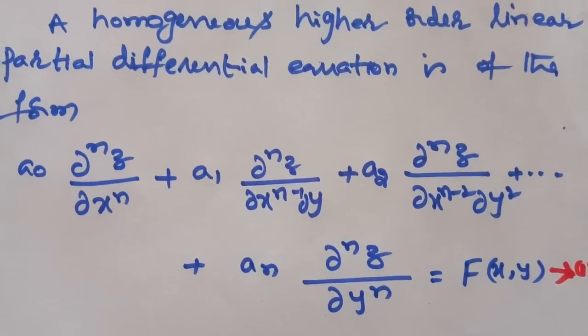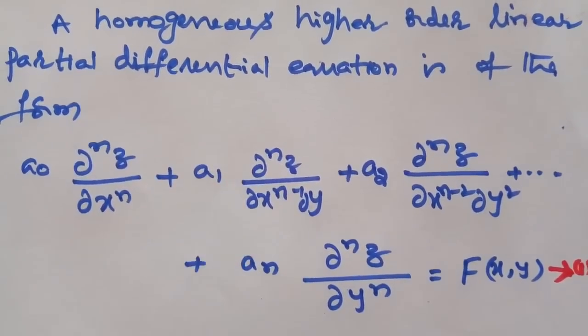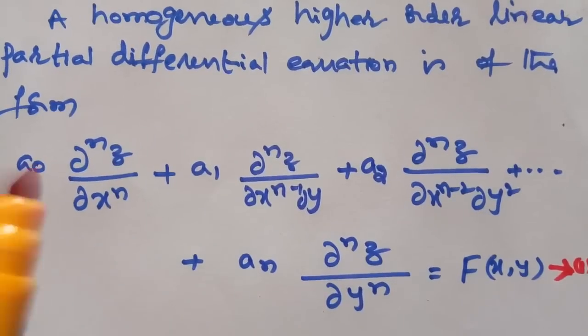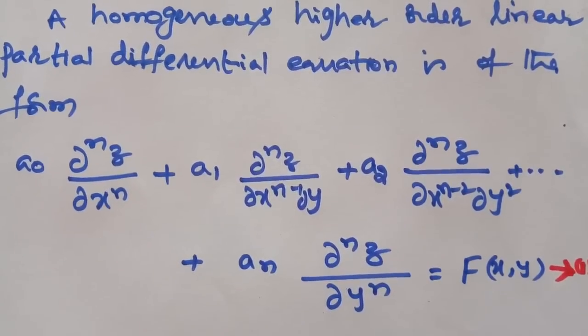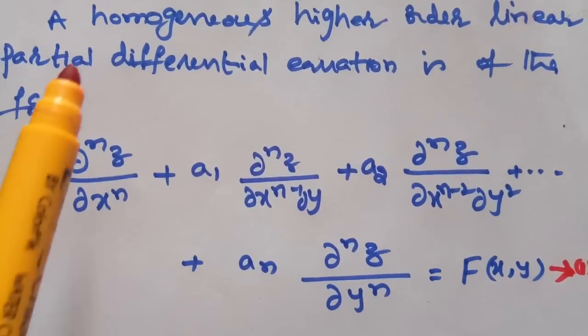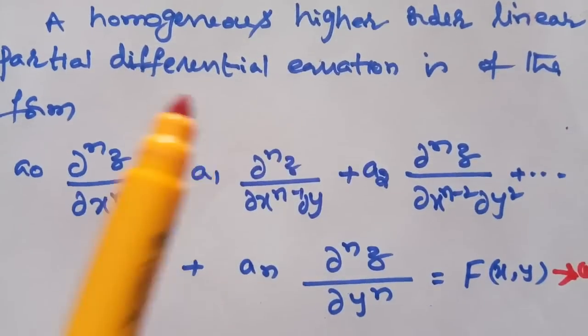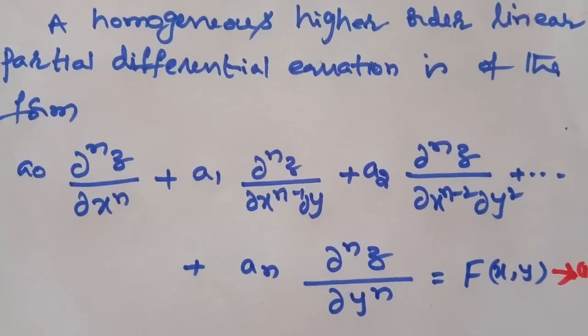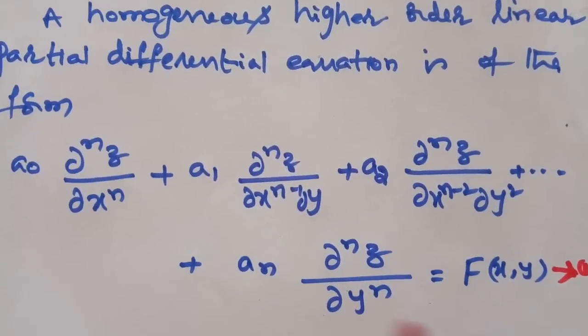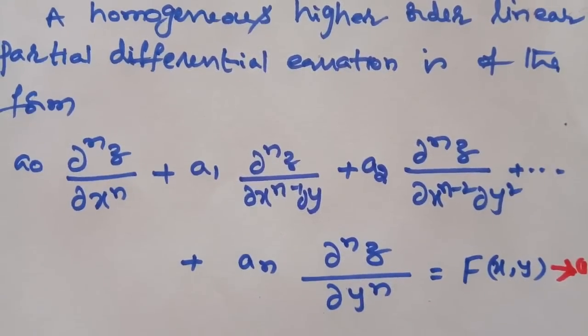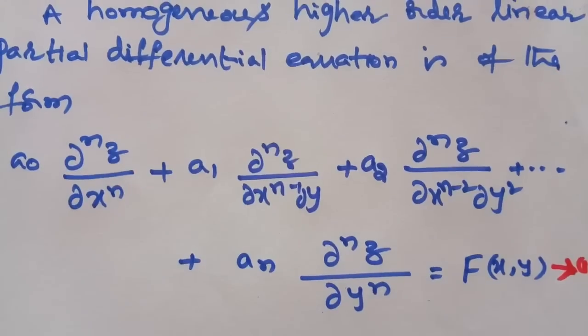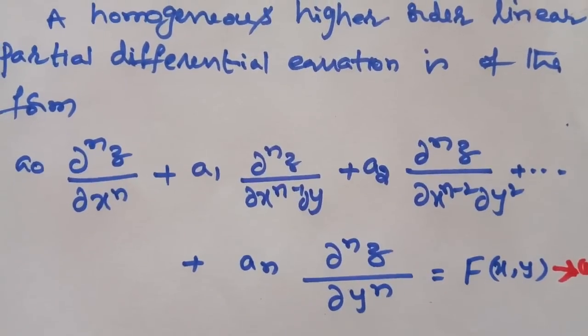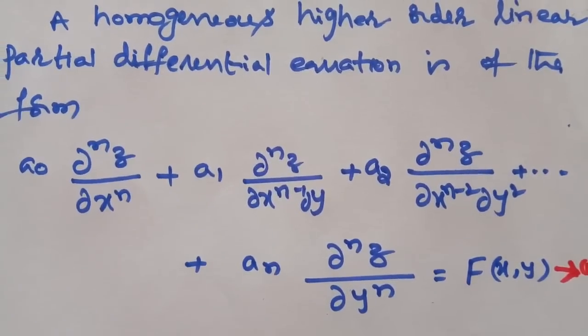Linear, as I already explained, means the degree of each term of the derivative must be equal to 1. So this is called a homogeneous higher order linear partial differential equation. This is the general form of the homogeneous higher order linear partial differential equation.